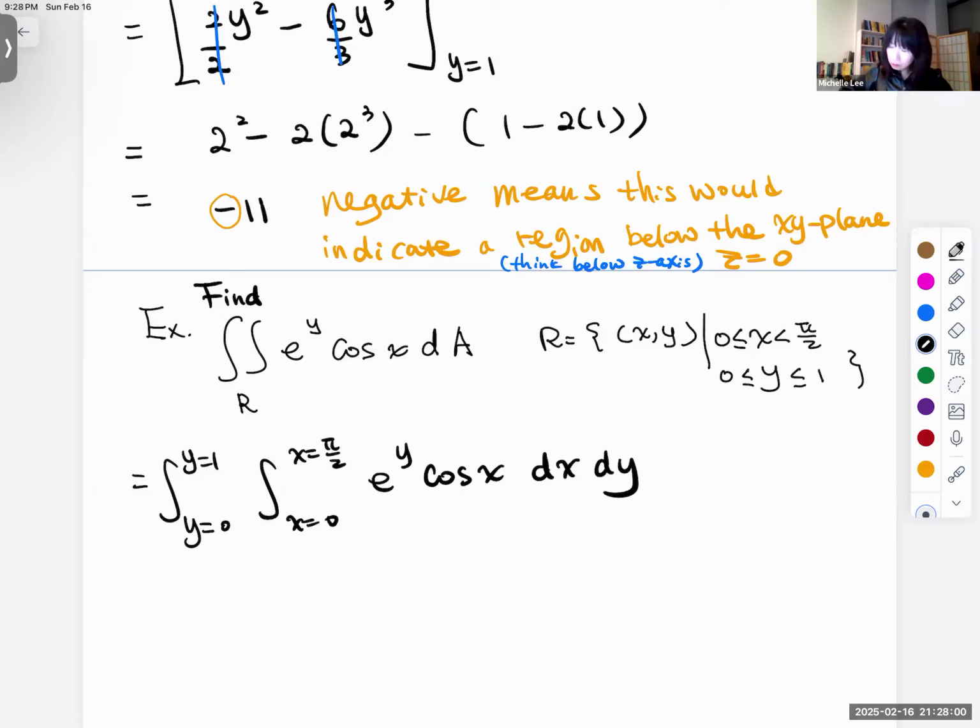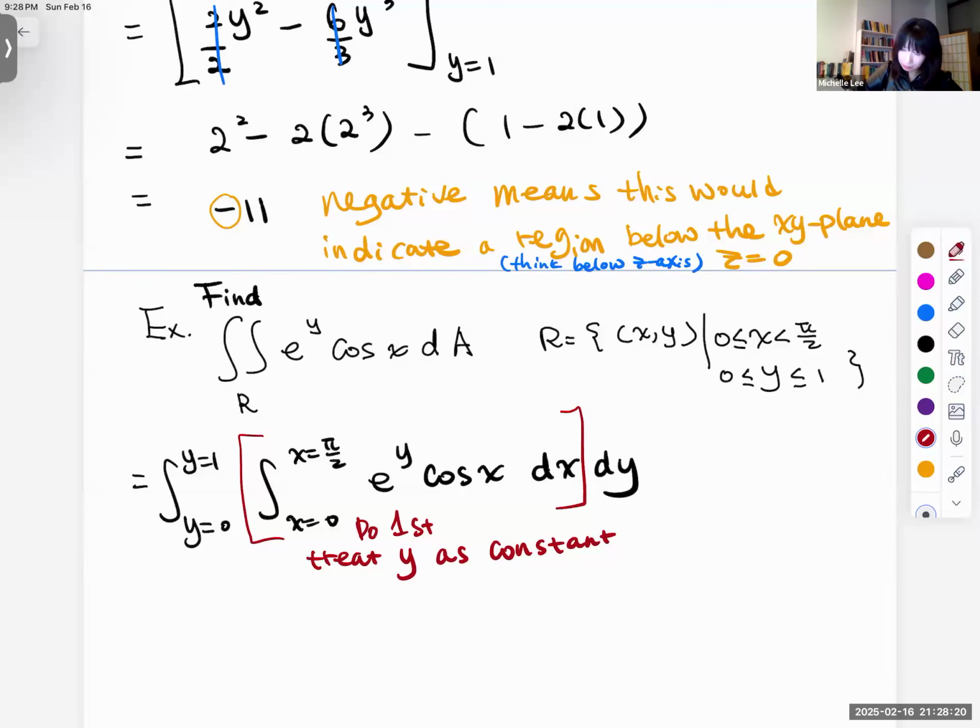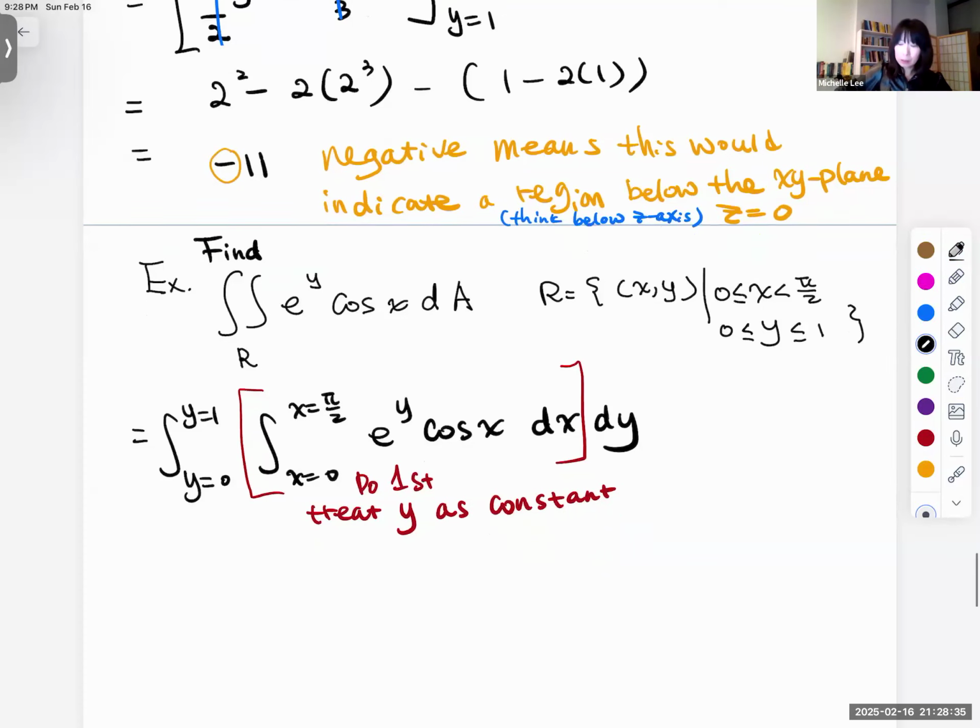Okay, now let me write it down. We want to treat y as constant and integrate with respect to x first.